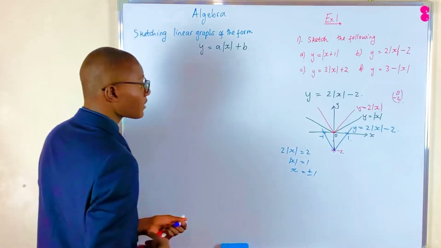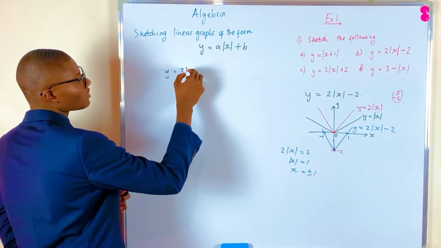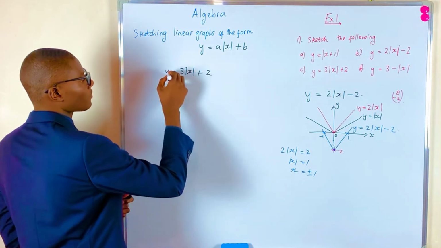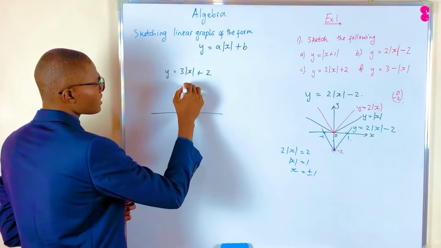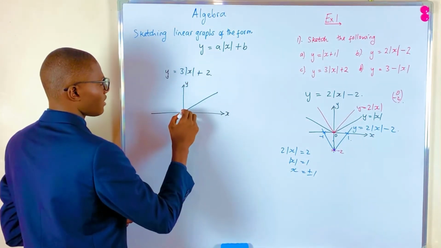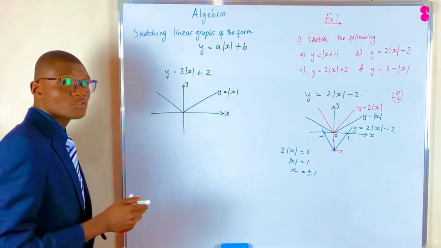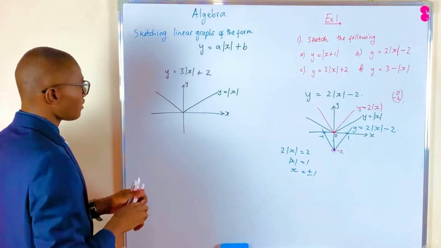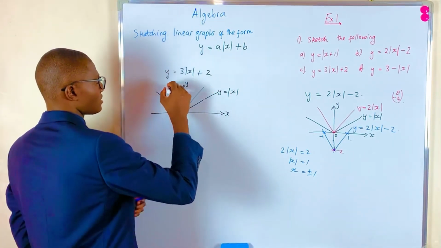Part C requires us to come up with the sketch for y is equal to 3 modulus of x plus 2. So coming up with the graph of y is equal to modulus of x, we've got this and that. And then if we stretch it by a factor of 3, we've got this, then that.